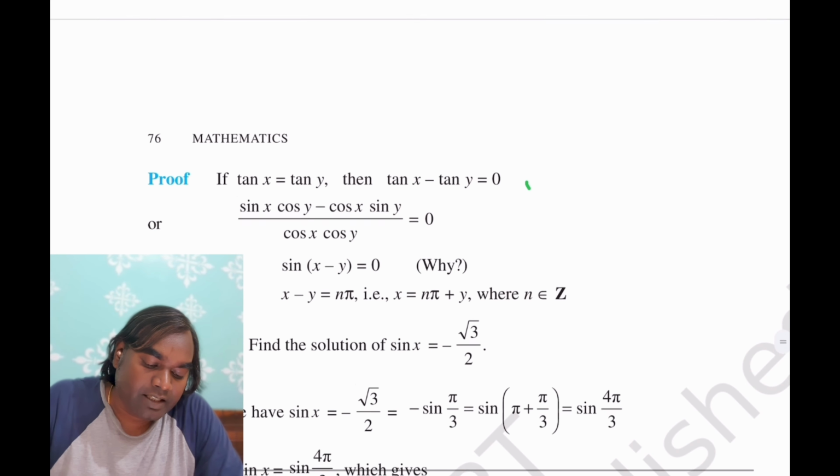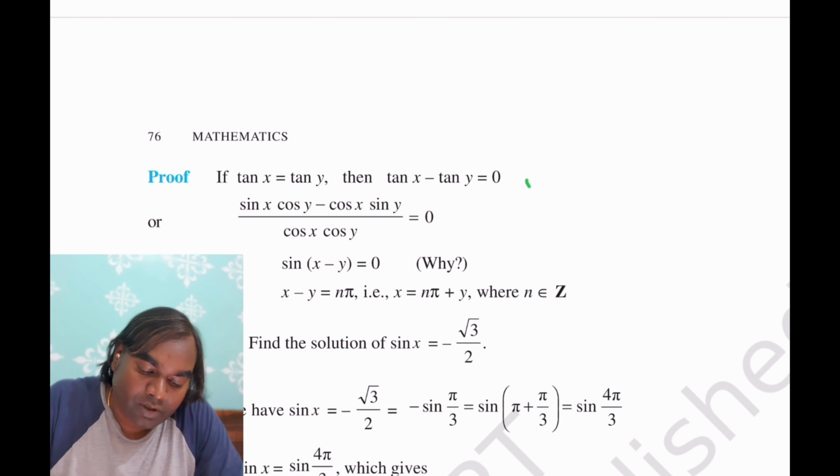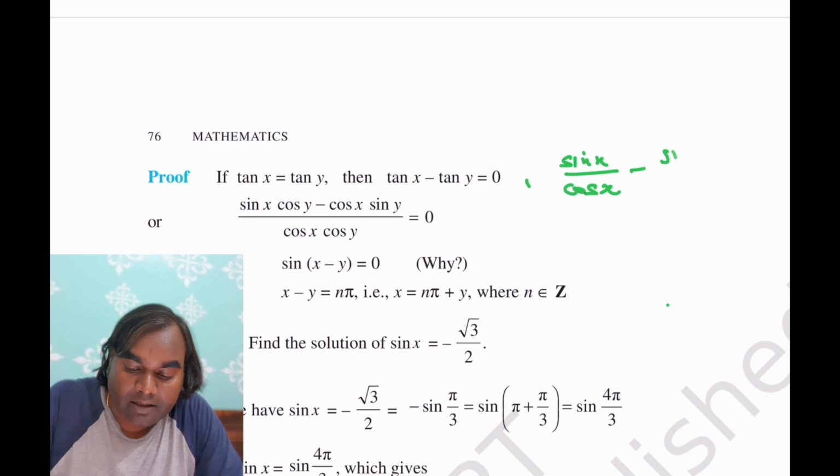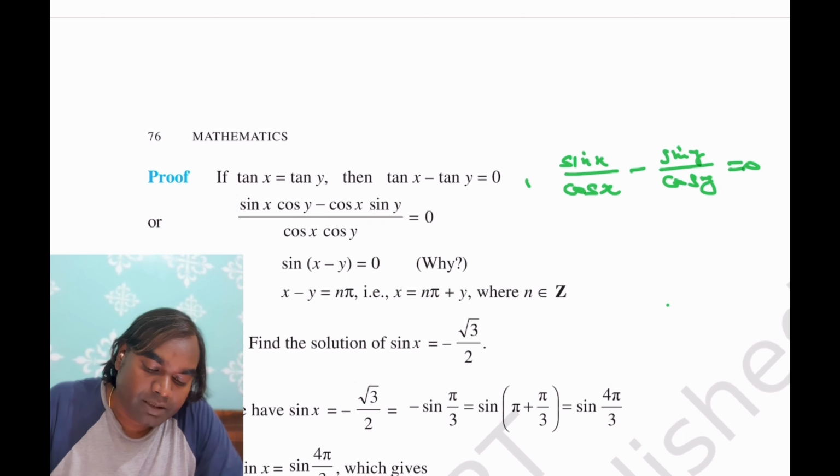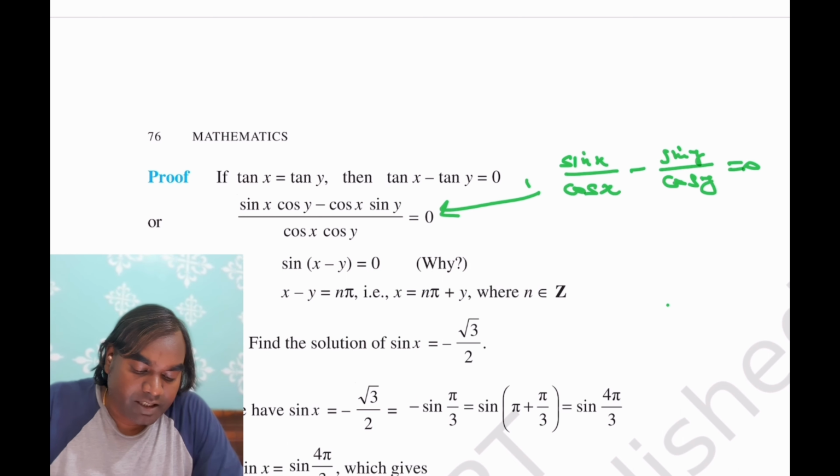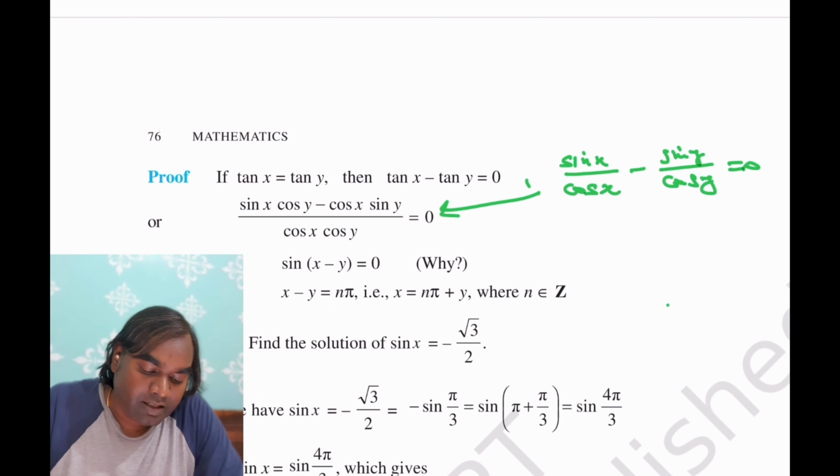which implies that, we will write tan x as sin x divided by cos x, minus sin y divided by cos y, is equal to 0. After simplification, we will get this, which gives sin(x minus y) is equal to 0. Why?